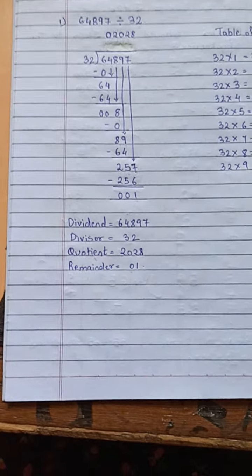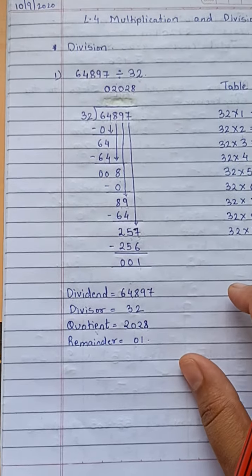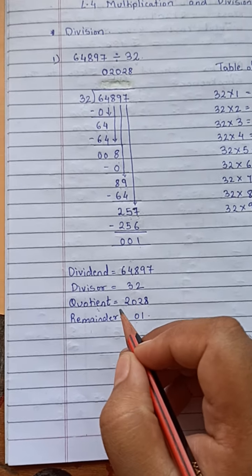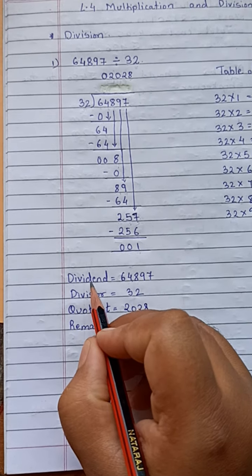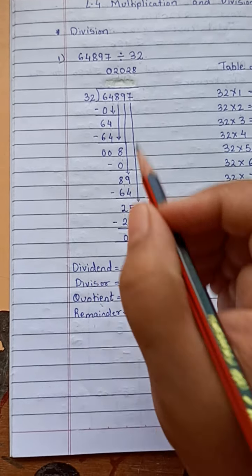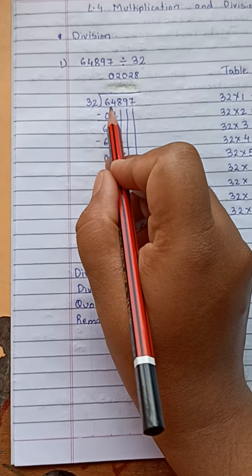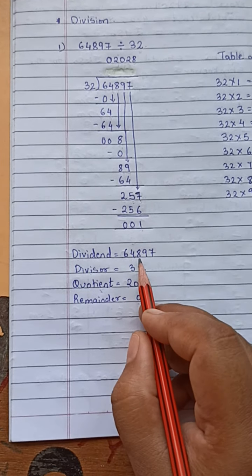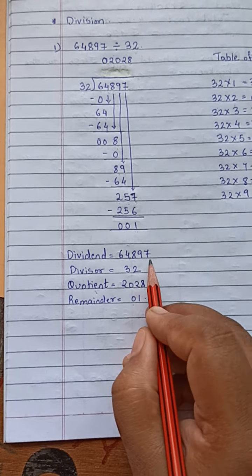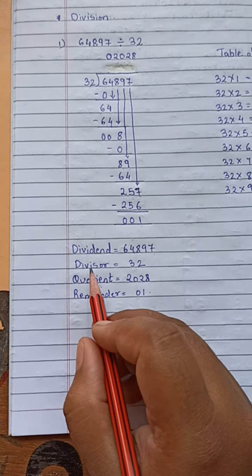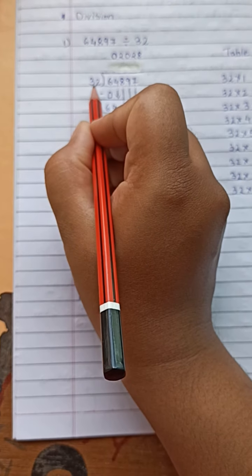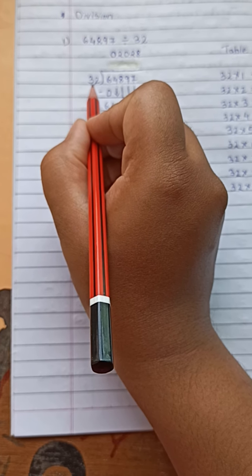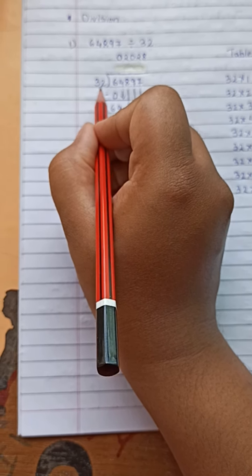We have to write some things that we know. Everyone knows what a dividend is. The dividend is the number which we are dividing, that is 64,897. And the divisor means the number with which we are dividing, that is 32.